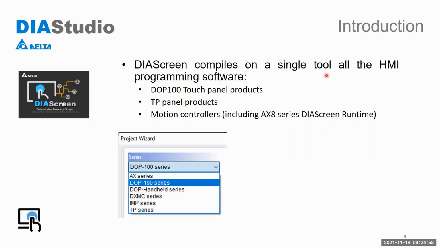Even if we have a single tool, to be honest, we have two different user interfaces. The interface you have for DOP 100 and the one you have for TP are quite different. This is also true. But at least we have everything in a single tool.